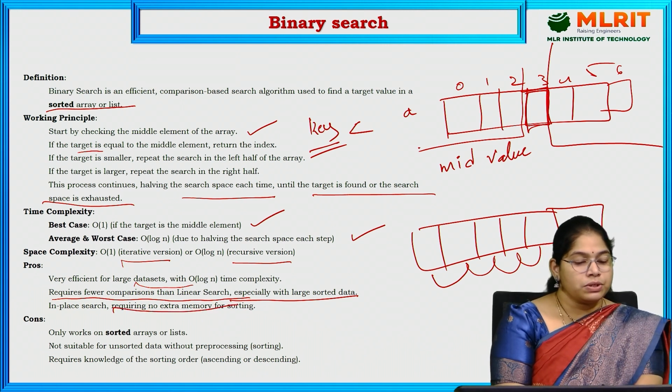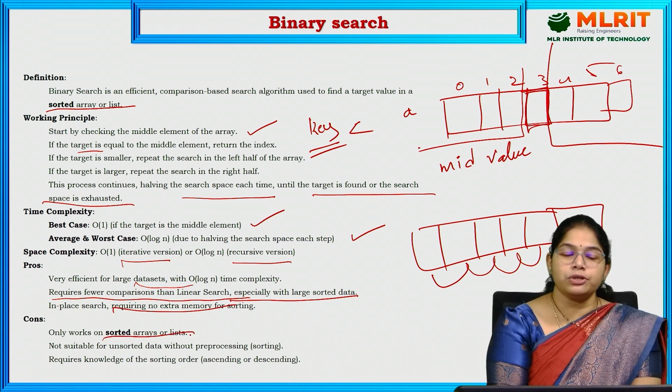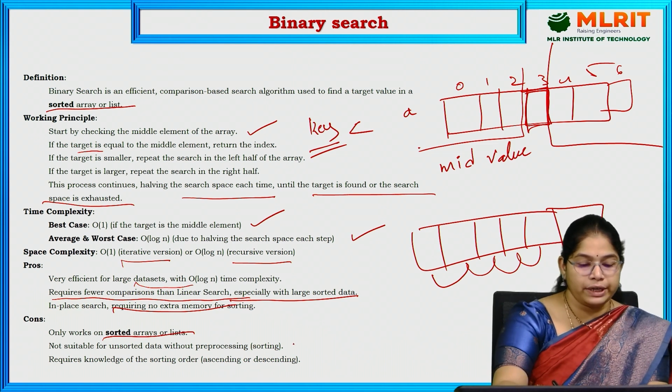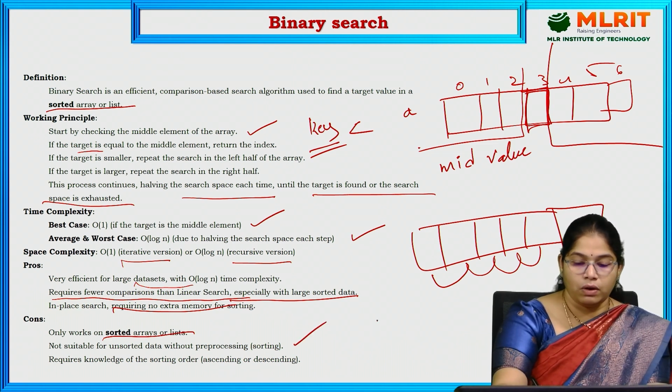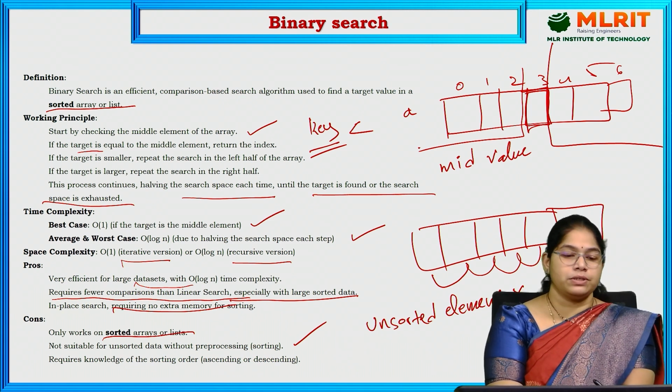Then cons. It only works on sorted data. As I told you, it works only on a sorted list of elements. It is not suitable for unsorted data. Binary search will not work if we have unsorted elements in the list. We cannot perform binary search.